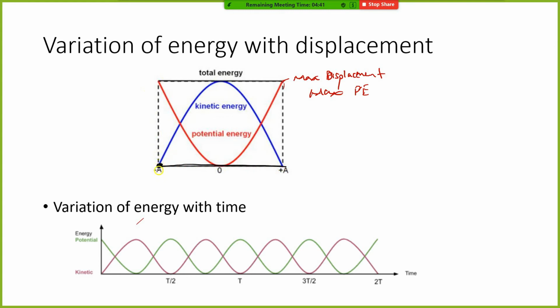But as soon as you move the object from the amplitude back to the equilibrium position, that is when maximum kinetic energy comes into play. So as you can see, the graphs are opposite to each other, meaning that potential energy is at the lowest and kinetic energy is at the highest when you're at the equilibrium position. When we're at maximum amplitude, potential energy is at its maximum and kinetic energy is at its lowest.